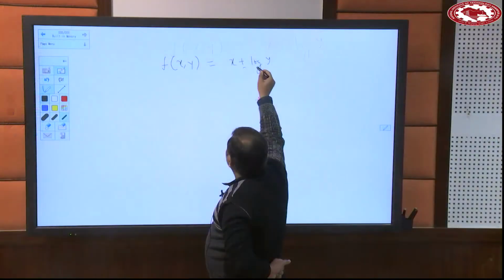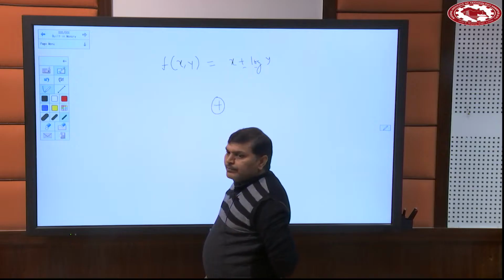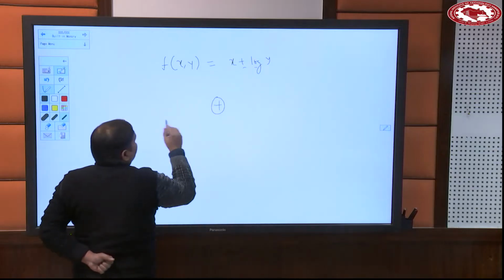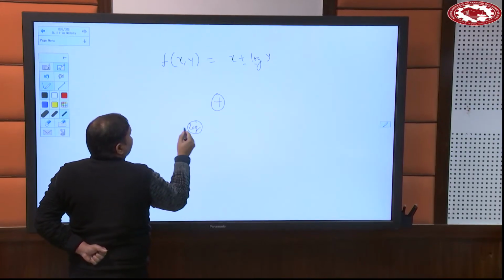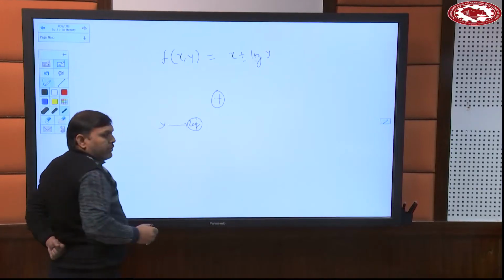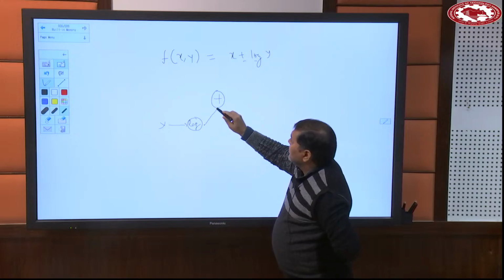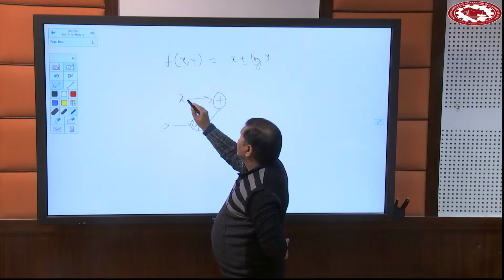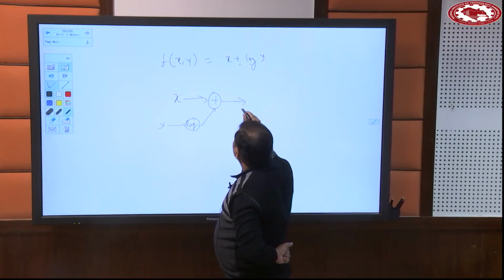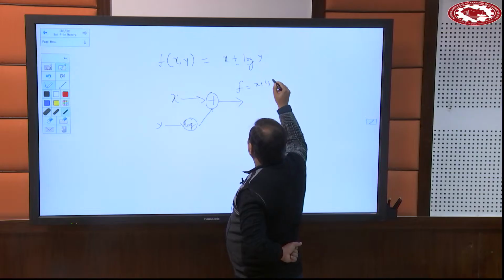Now you have two operators. You have a plus operator and a log operator. You give input y to the log function, it gives you output, and that output goes as input to the plus node. x is the other input to this module, and you get f, which is x plus log y.